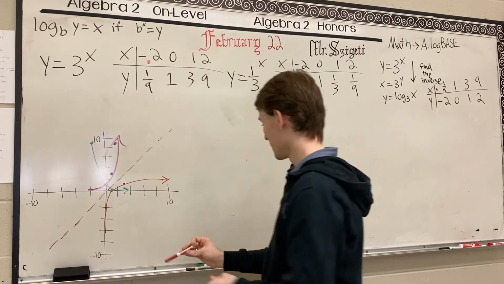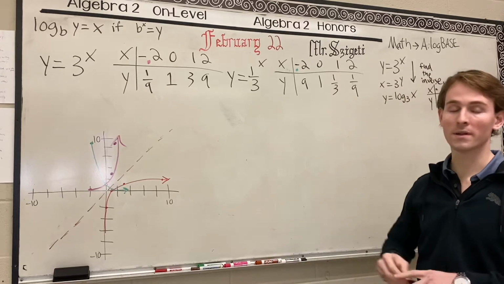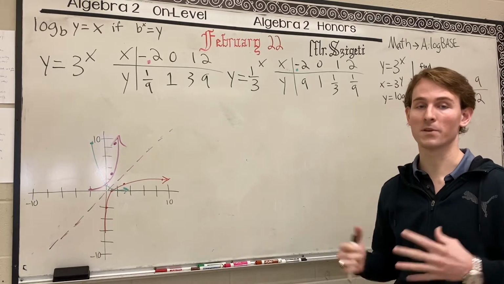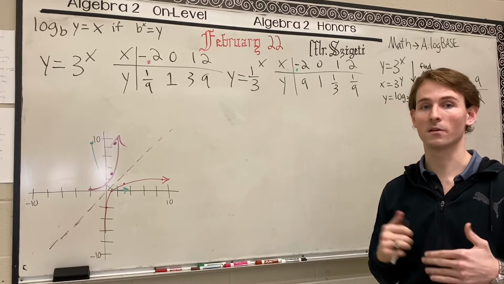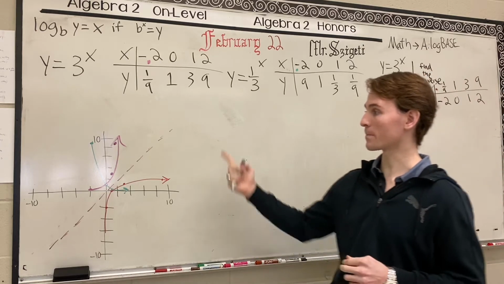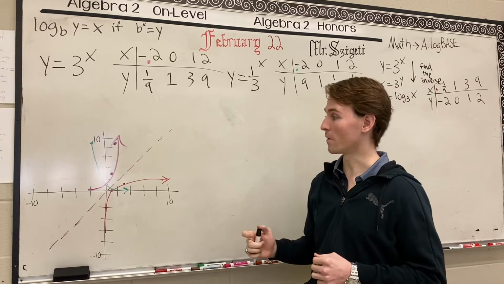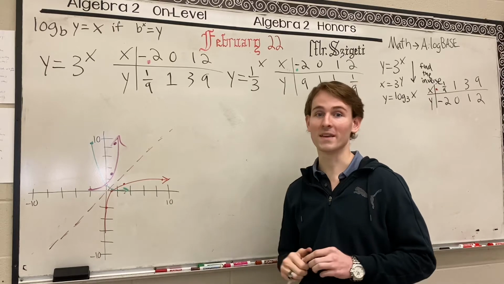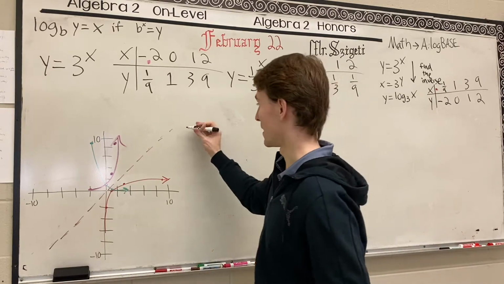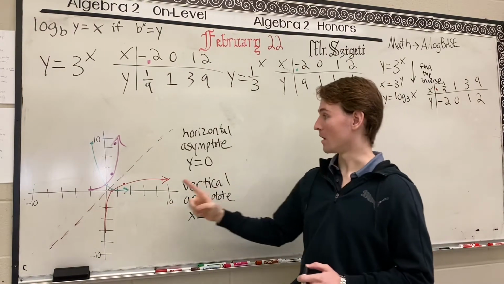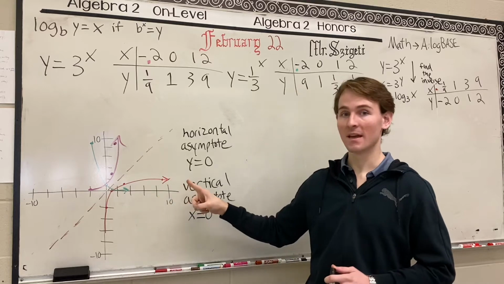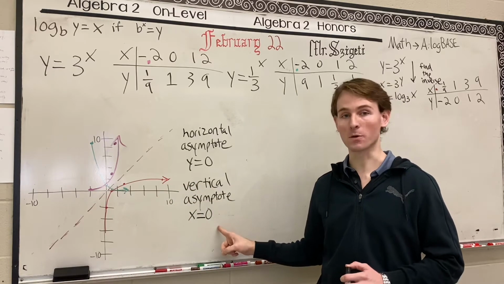All right. So now we've got two quick vocabulary words. It's important to understand the relationship between these graphs is our horizontal and our vertical asymptotes. For our exponential functions, they have a horizontal asymptote of y equals 0. They won't cross that line. Meanwhile, our logarithmic function has a vertical asymptote of x equals 0.